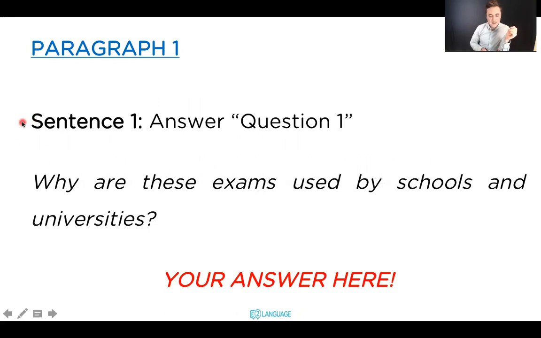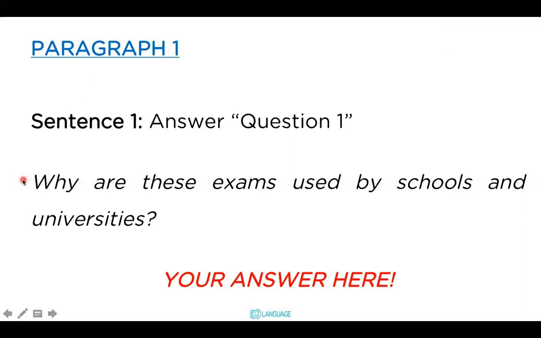So, sentence 1 of paragraph 1, you need to answer question 1. Why are these formal exams used by schools and universities? Write 1 sentence. You have 3 minutes, a bit longer.